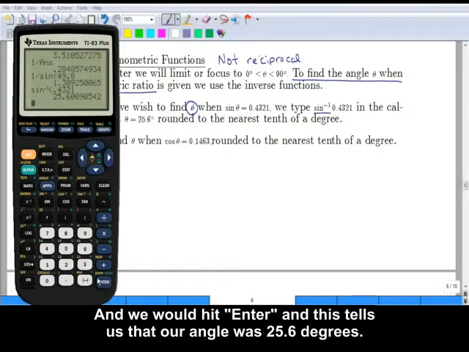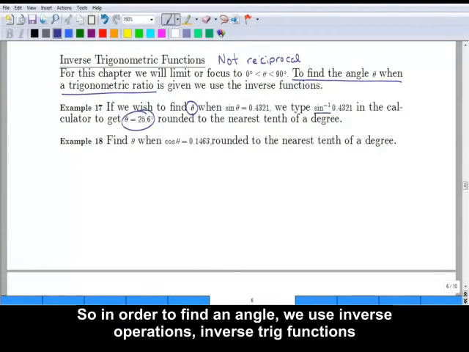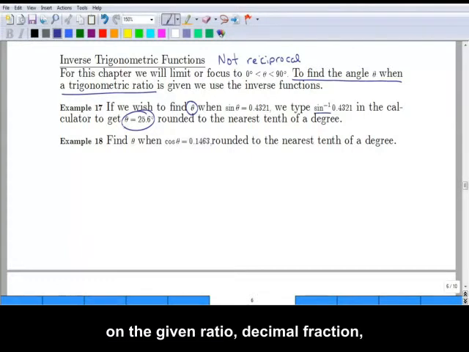And we would hit enter, and this tells us that our angle was 25.6 degrees. So you see that here, 25.6 degrees. So in order to find an angle, we use inverse operations, inverse trig functions, on the given ratio, decimal, fraction, whatever we're given, to find an angle.